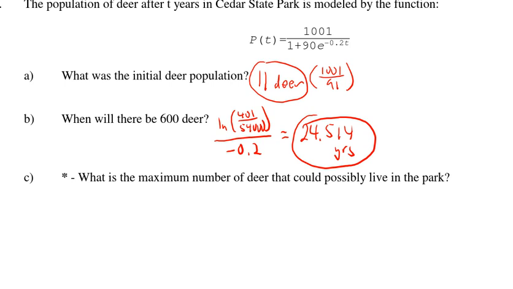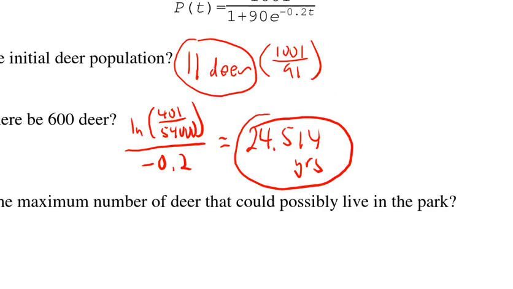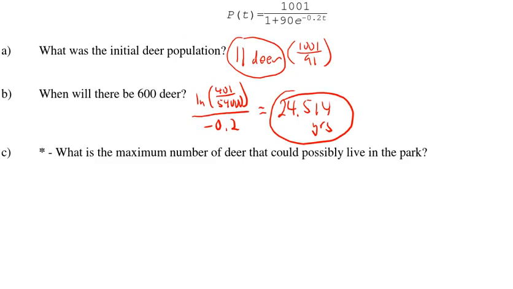But let me go back to this for a minute. In theory, there's a better answer than 1,001. You guys were paying attention if you said 1,001, but in theory, if this equation is 100% accurate, this 1,001 represents a horizontal asymptote. We can never quite hit 1,001. We can hit 1,000.999 deer, but in theory, the biggest number of deer that could possibly live in the park would be 1,000.